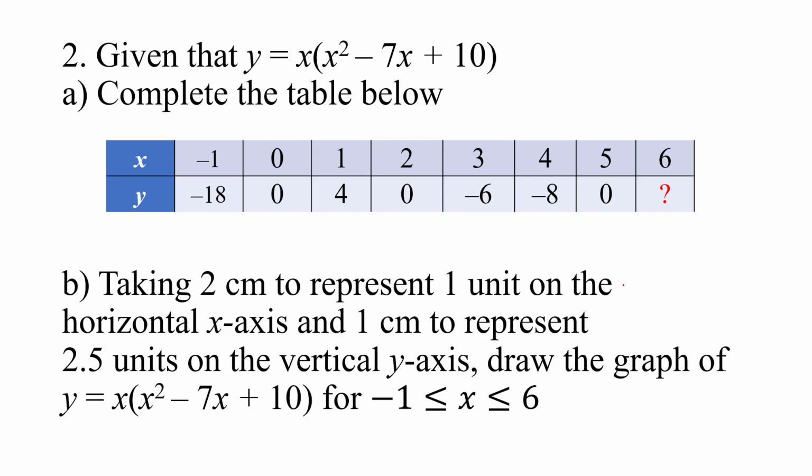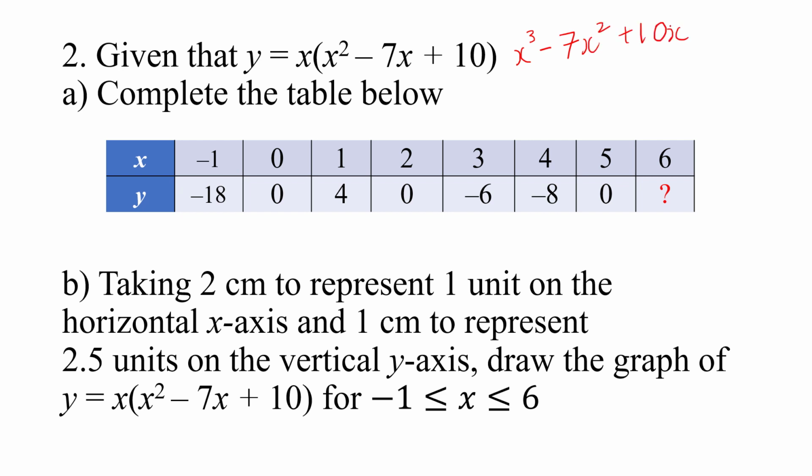The second question is, given that y is equal to x times the whole thing in brackets, x squared minus 7x plus 10. You might look at this function and think for yourself, how come there is no x cubed inside? Is it even a cubic curve? If you do expansion, you should realize that you will get y equals x cubed minus 7x squared plus 10x.